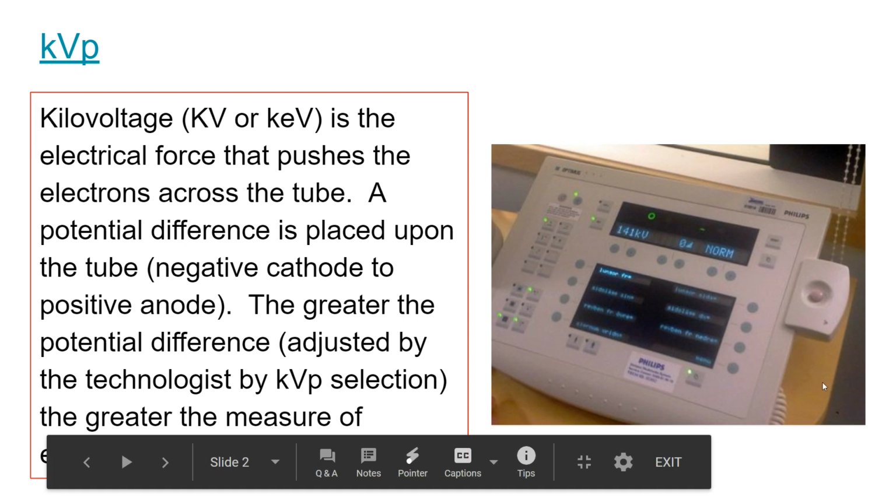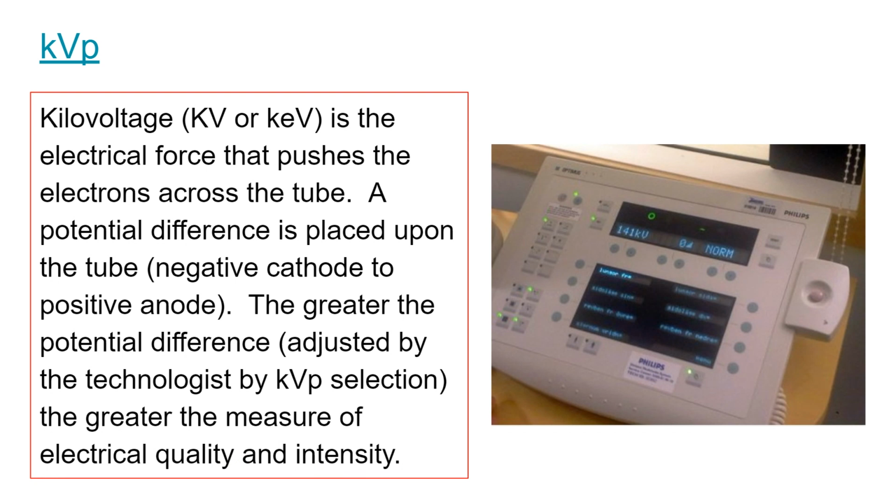So going up in KV will not only increase intensity, the amount of photons you get, but it'll also increase what they sometimes refer to as the quality of the beam. So where MAS is a quality factor only, KV is both a quality and quantity factor.